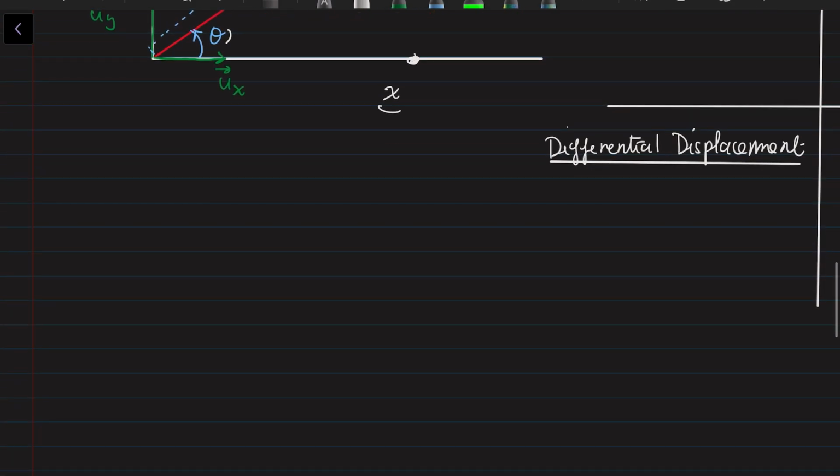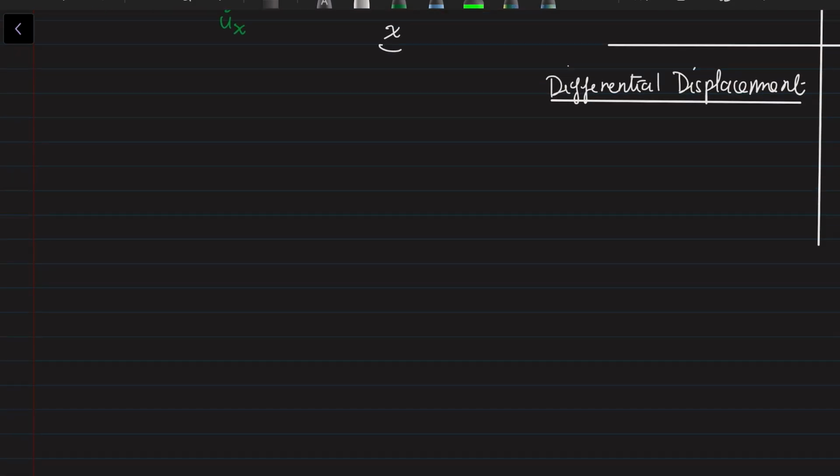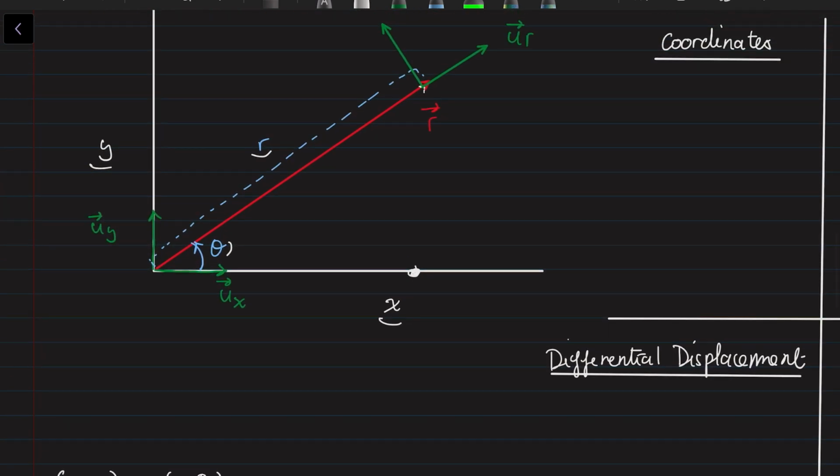So the first thing we're going to do is understand the relationship between x, y, and r and theta. How do I go back and forth between these Cartesian coordinates and these polar coordinates? We see that we can draw a right angle triangle here, right?